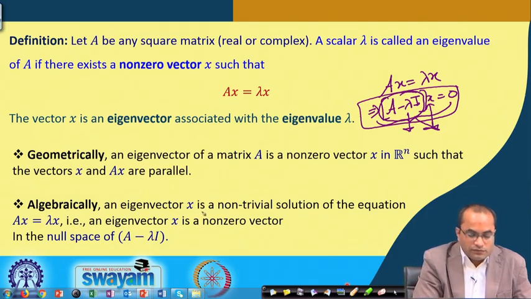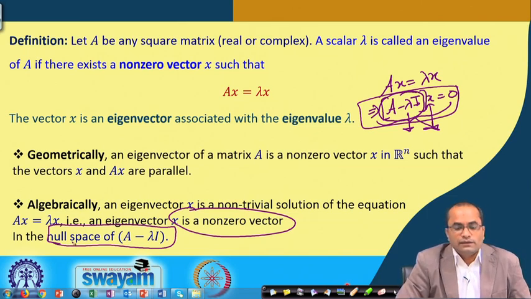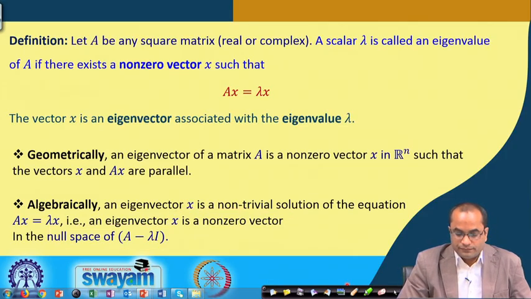So, x is a non-zero vector in the null space of A minus lambda I. Now, the natural question is how to compute this eigenvector and the eigenvalues associated with a matrix of order n.